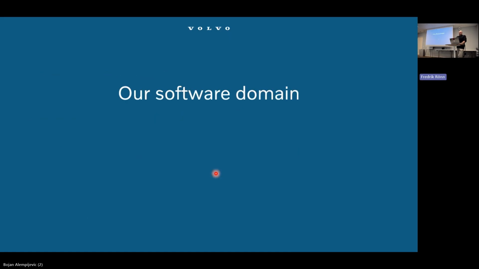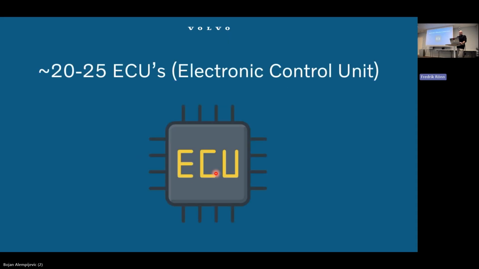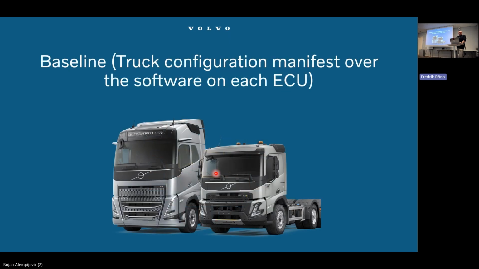So our software domain, what is it? What does it look like? We have trucks, we build trucks. Each truck has about 20 to 25 ECUs, that's like computers, where you can deploy software. We have something called a baseline, which is basically a configuration of the whole truck, all ECUs, what should go where, which version of the software.